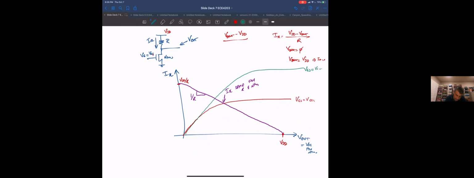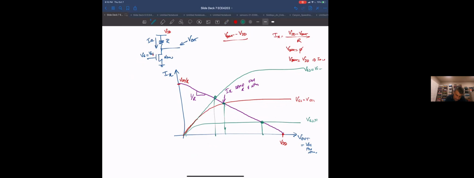So as I sweep VG higher and higher, my output is just wherever I'm intersecting. Let's say I draw VGS3, which is less than VGS1. I'm going to draw it like that, so these are the values for the output. You see what I'm doing there?